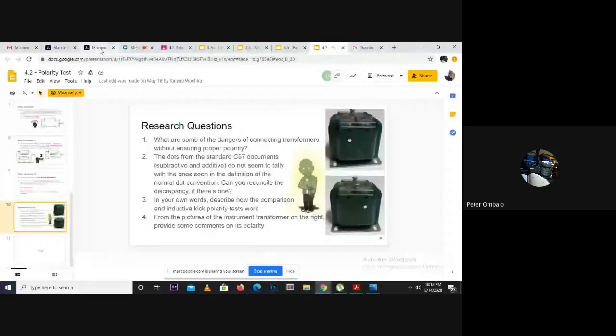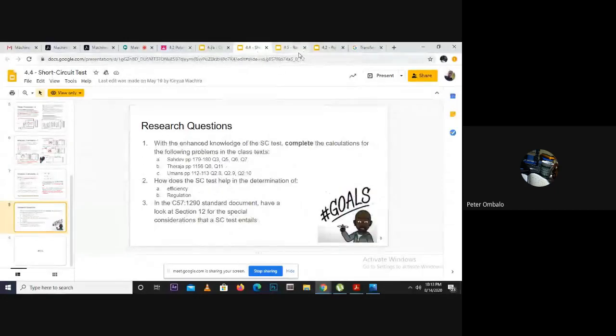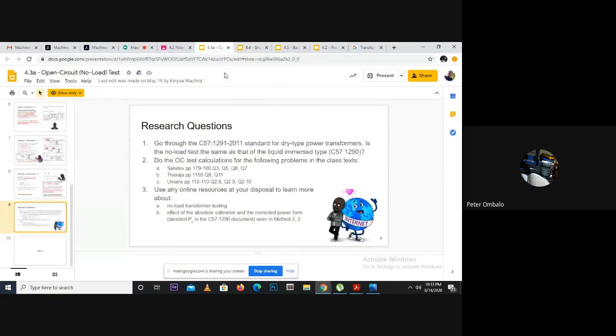So open circuit and short circuit tests are more intensive than the other 2 because there's a lot of calculations. I try to focus on calculations in open and short circuit tests because that is where I guess the juice of it is.